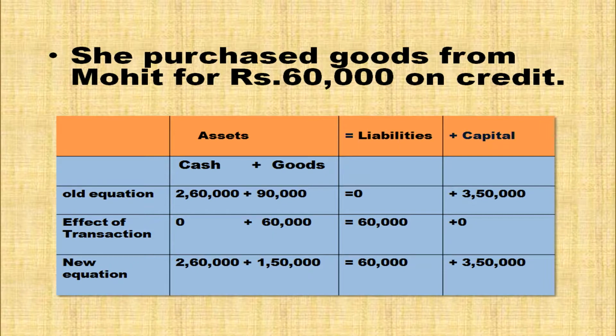Here also the accounting equation is satisfied. That is, cash balance of 2,60,000 plus goods increased 90,000 plus 60,000, 1,50,000. So, assets equal 4,10,000, and liabilities 60,000 plus capital 3,50,000. So, 4,10,000 on the asset side and 4,10,000 on the liability side.